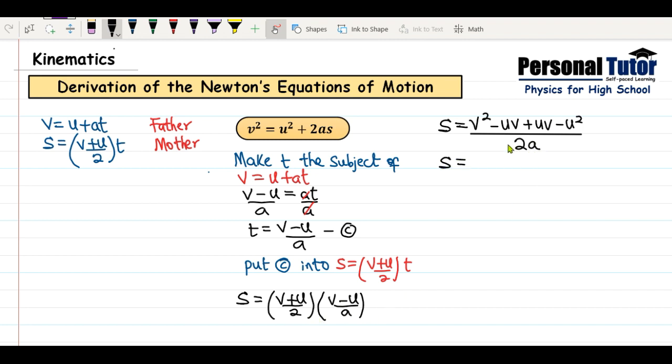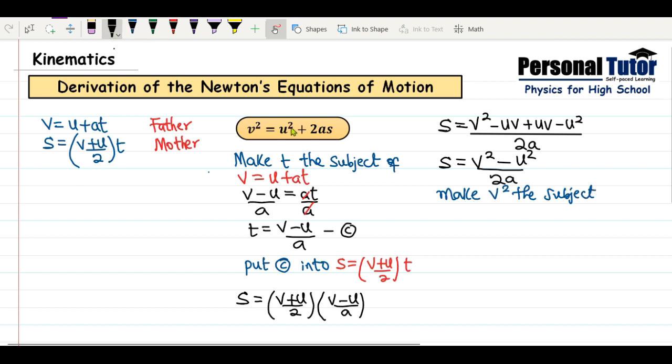From the numerator again, negative uv and positive uv cross out. They are like terms, one is negative, one is positive, so that turns to 0. And you are left with v squared minus u squared all over 2a. From this, you make v squared the subject of the relation.